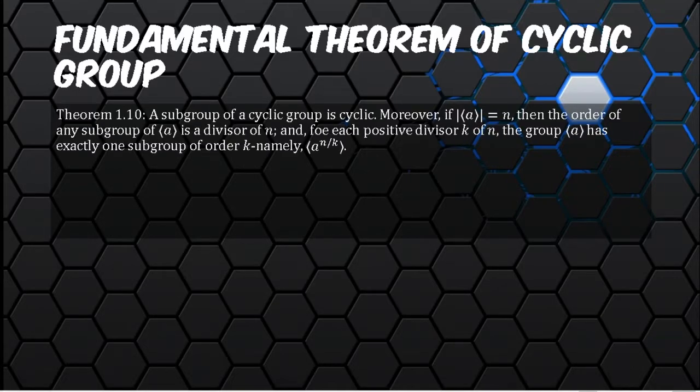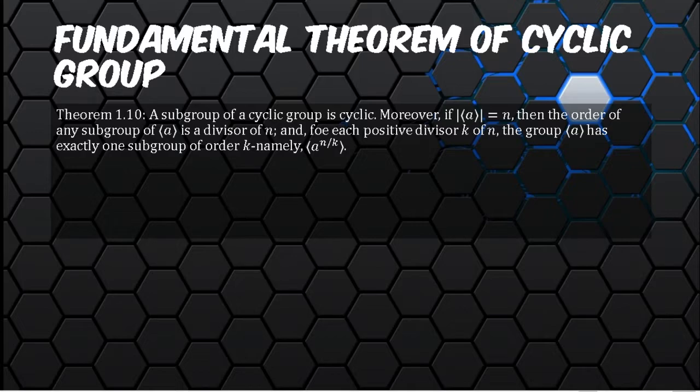Now, we are almost done. Let's have this one. Fundamental theorem of cyclic group. These are one of the most important theorems that will be presented to you this afternoon. What does it say? A subgroup of a cyclic group is cyclic.